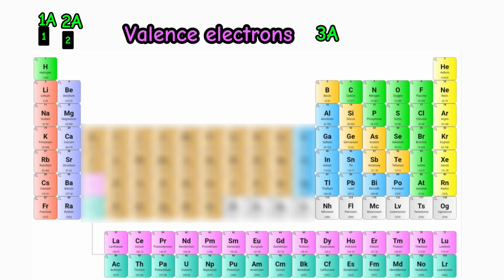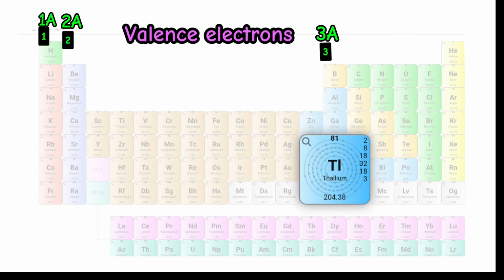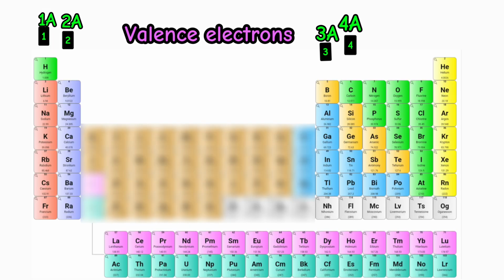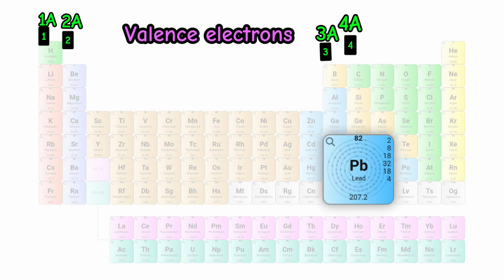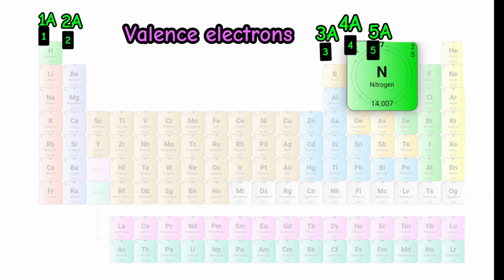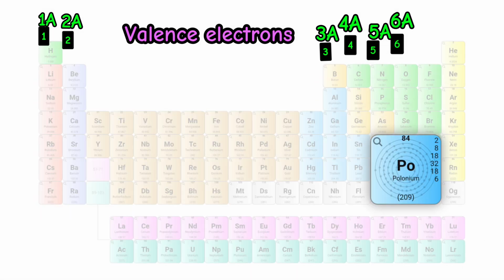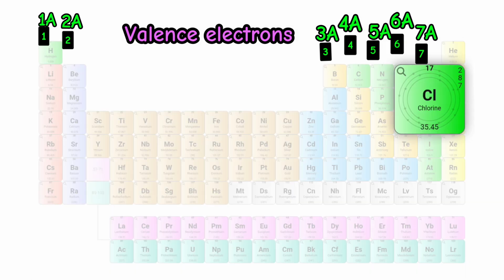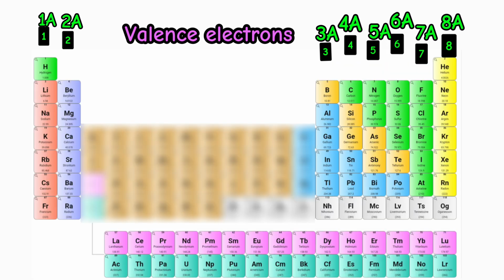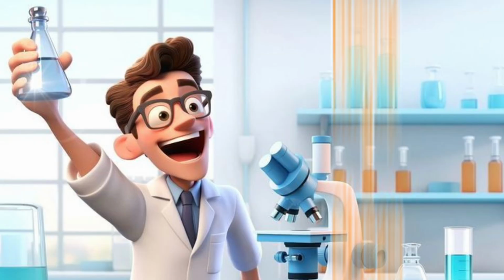Group 3A elements have 3 valence electrons, and so on. Notice that the number next to the A letter indicates valence electrons.